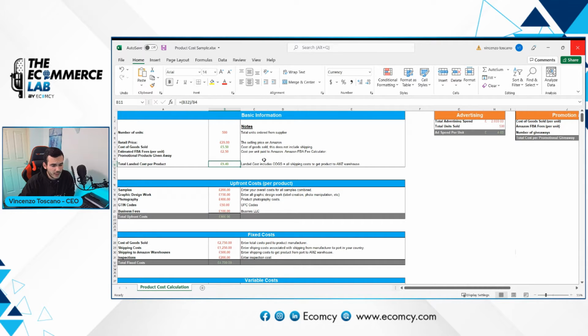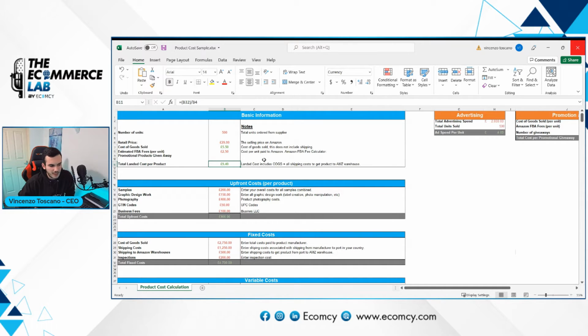Then you have GTIN codes. So for example, here in the UK with 50 pounds, I think you are allocated 15 UPC codes. This cost is going to increase as you order more UPC codes, or if you want to own your own serial number. But with 50 pounds, you can buy your initial 10, 15 UPC codes. This, of course, is going to change on a country by country basis, because GTIN codes have different pricing depending on which country you inform the website that your company is registered in.